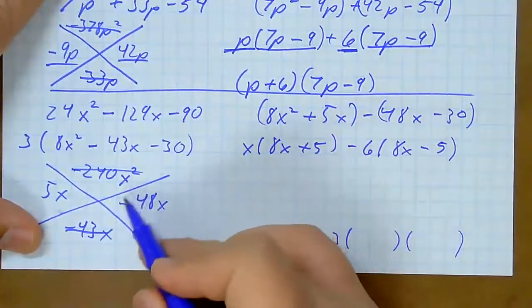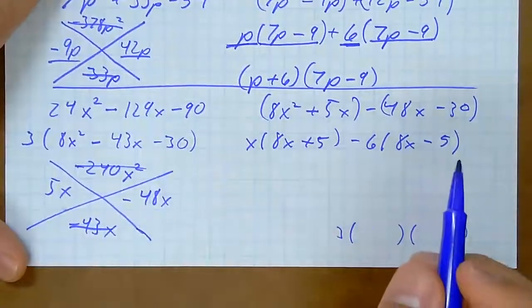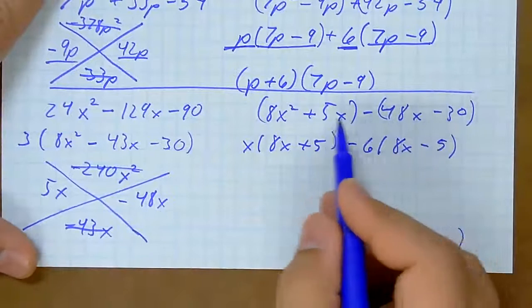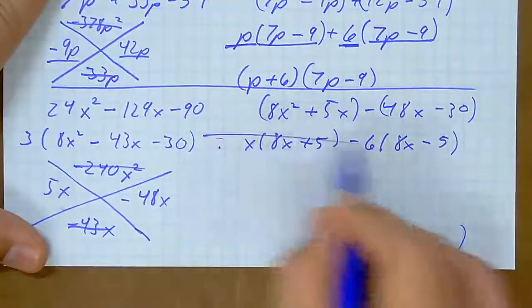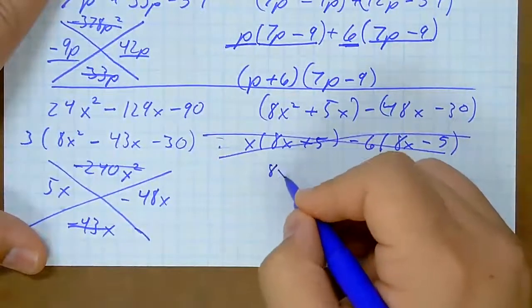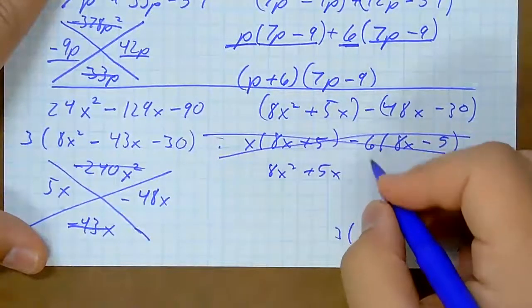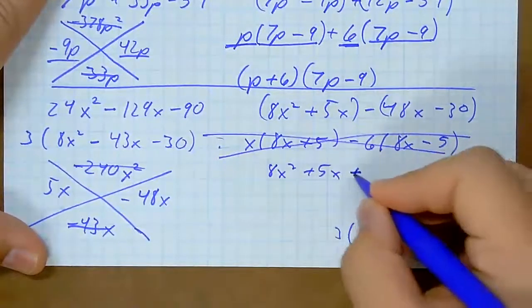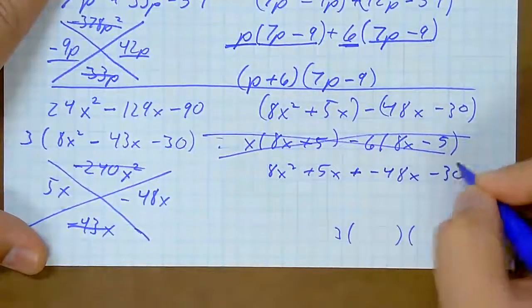If you are going to have a negative sign on the right, which is possible even if we don't have one or the other, sometimes you don't have a choice. If we have a negative sign on the right, here's what you should do instead, not what I just did. Instead, you have 8x squared plus 5x, and I would say write it as plus negative 48x minus 30.